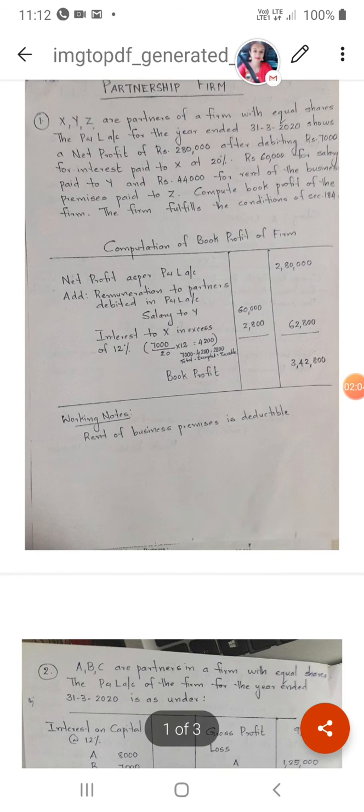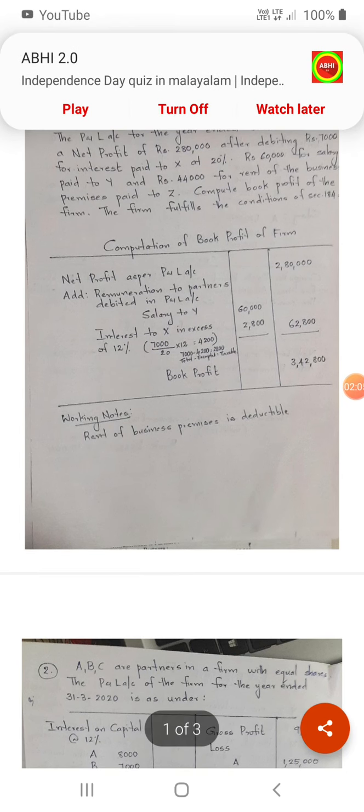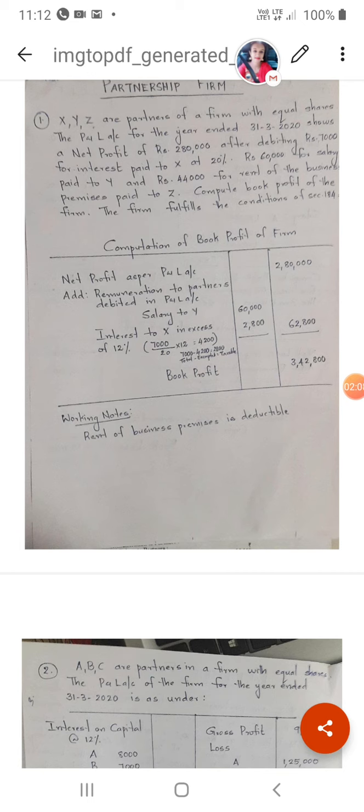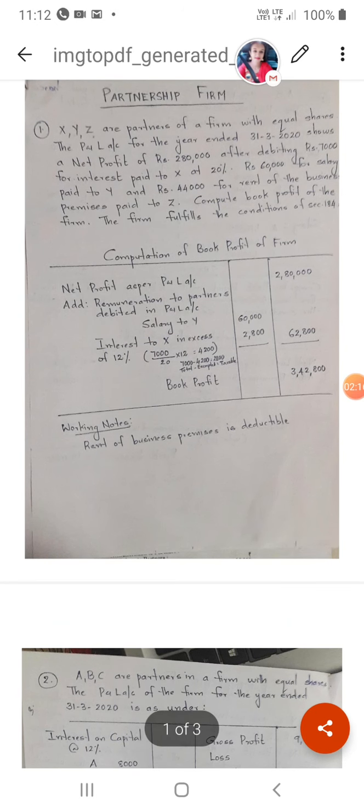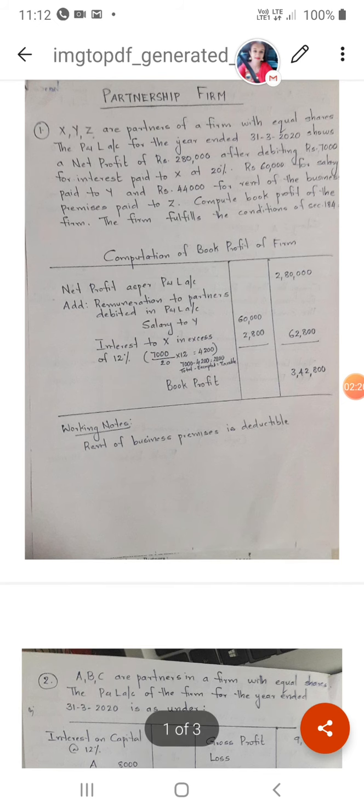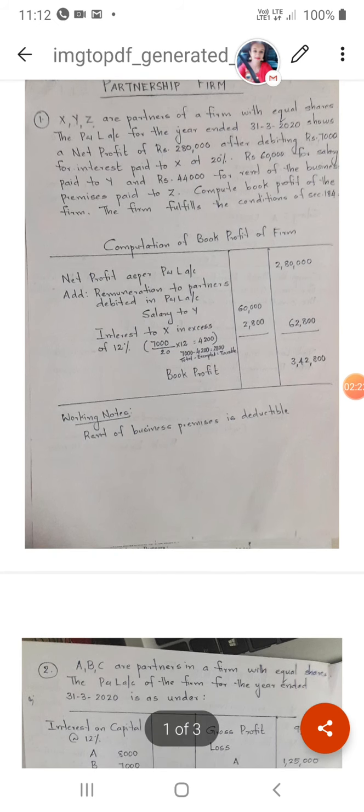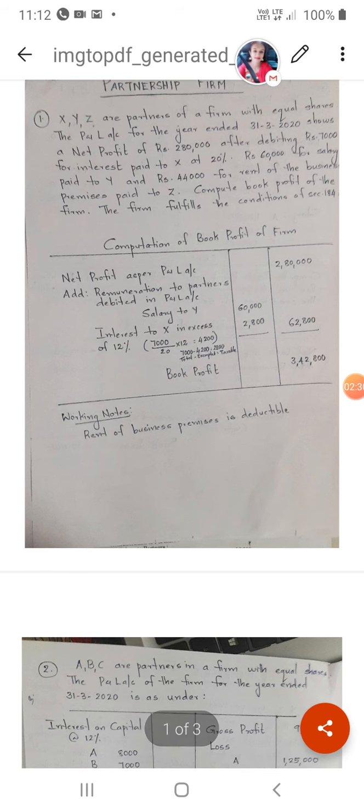In the case of rent, business needs some property or a unit for carrying on the business operations. Premises is needed. Sometimes the business has its own premises, sometimes it may take it on rent. Here in the question, such premises is taken on rent from Z. Z is our partner.